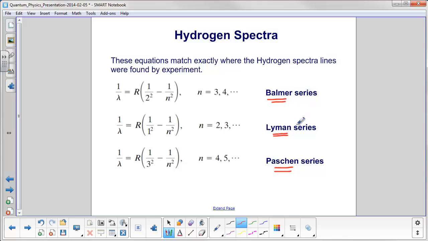So we have Balmer series, Lyman series, Paschen series, and we have 1 over the wavelength of the light equals the Rydberg constant times 1 over 2 squared minus 1 over n squared, where n in this case would be 3, 4, 5, etc., all integral values again. And then the Lyman series would start here, and it'd go from n equals 2, 3, etc. And then the Paschen series here.